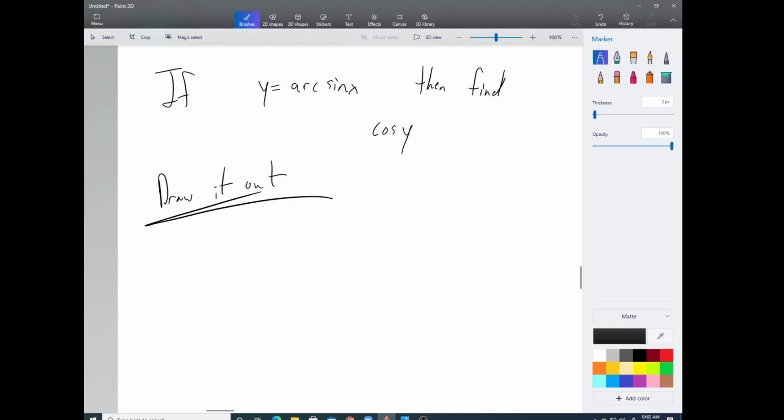So I know from what I'm given that if I were to draw a triangle, when I'm using the inverse functions, the thing that the arc sine equals is my angle. So that means here that my angle is right there.